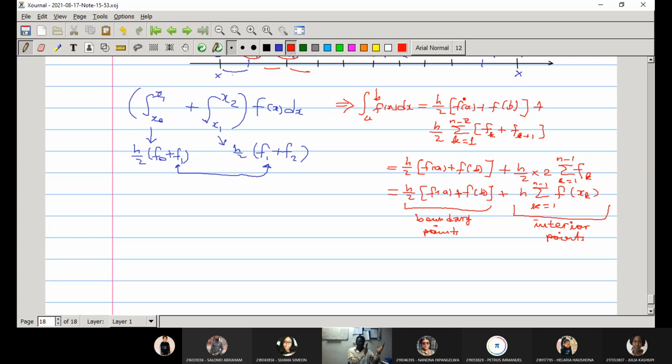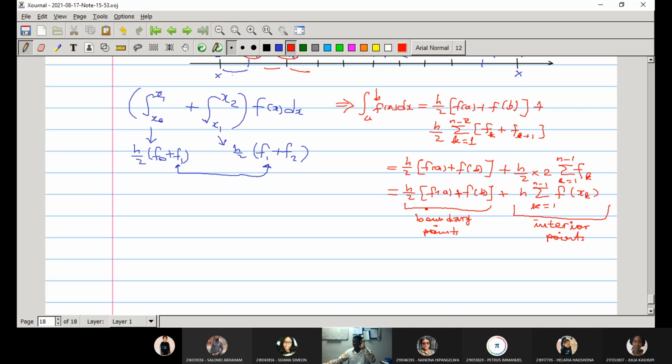So when you group, please remember what I'm explaining now, because later on you still use this. When we talk about the iterative or recursive trapezoidal rule, you still need to use this formula. So you need to remember.